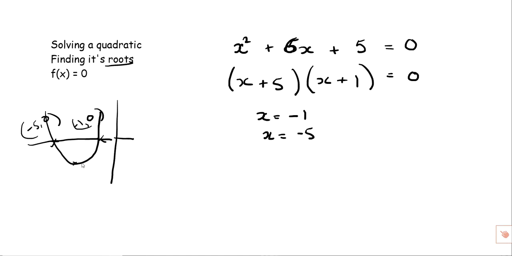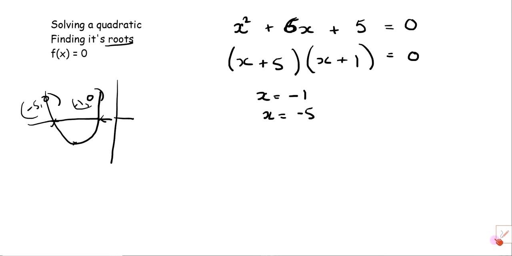Remember doing that? However, what I want to do is show you how you use vertex form, how you use completed square form to also do the solutions. So let's have a look again at x squared plus 6x plus 5 equals 0. Can you tell me how to do that in completed square form now?